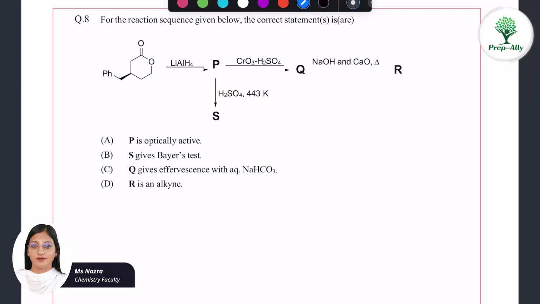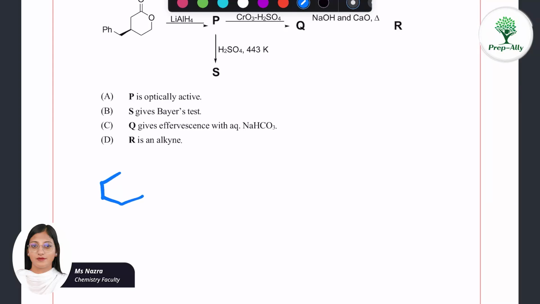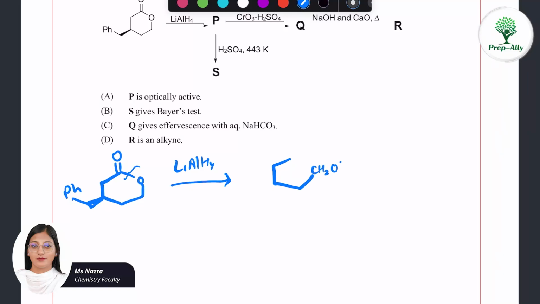Now first is this one, Ph, and then adding LiAlH4. To break this bond, you will get the alcohol CH2OH, and this is also CH2OH. This is your compound P. Now next is addition of CrO3 H2SO4.